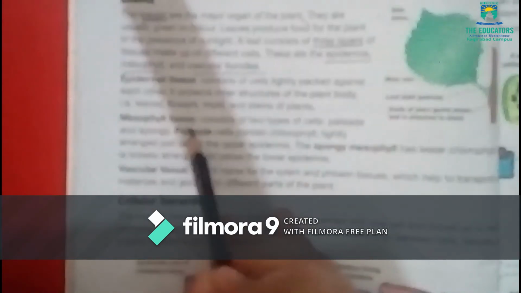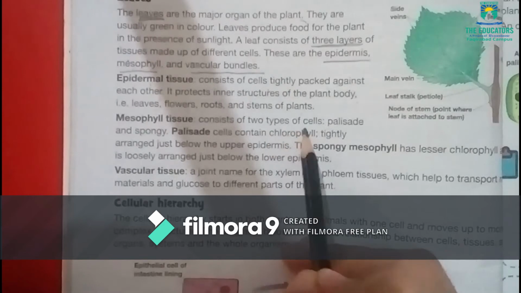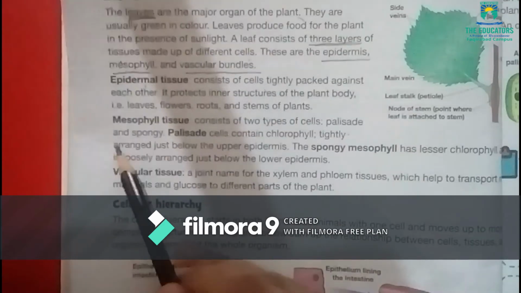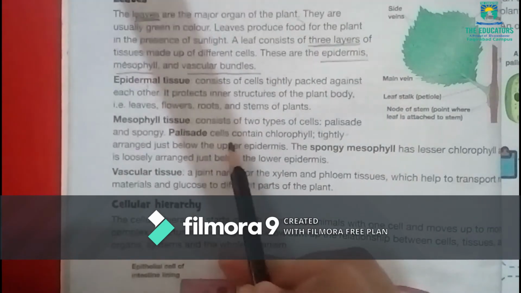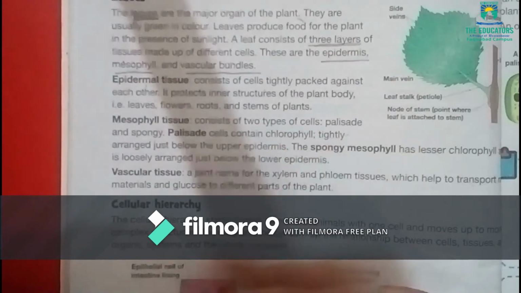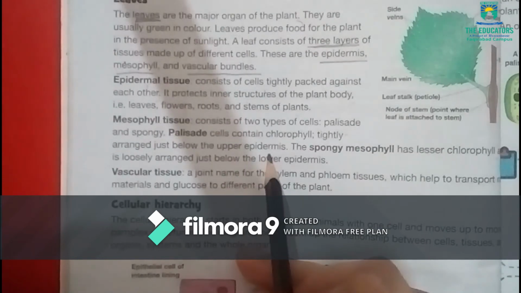Second is mesophyll tissue, which consists of 2 types of cells, palisade and spongy. Palisade cells contain chlorophyll, tightly arranged just below the upper epidermis.